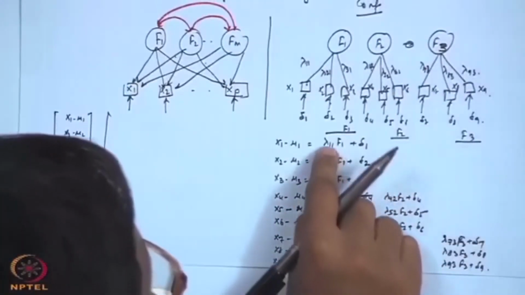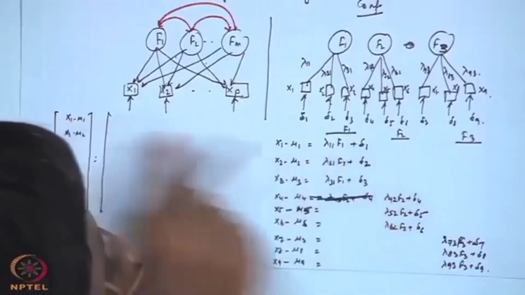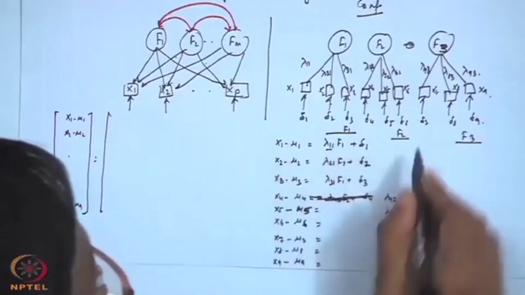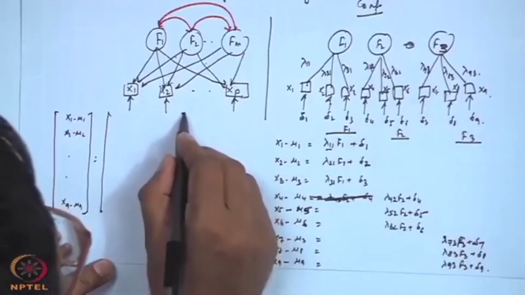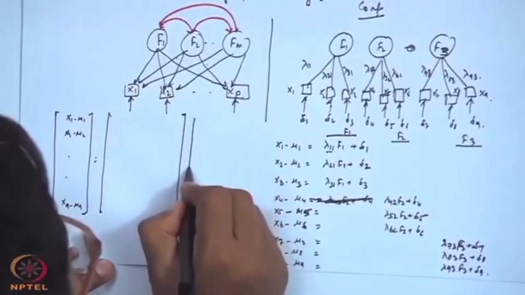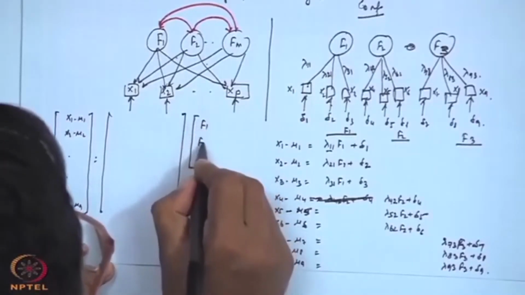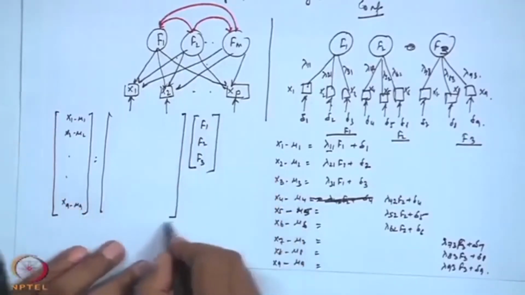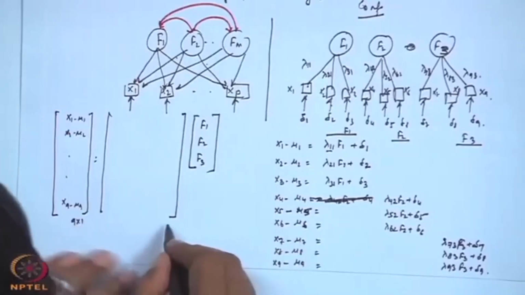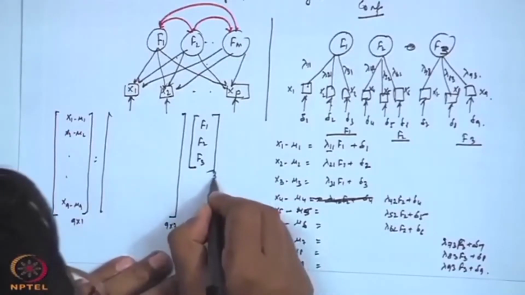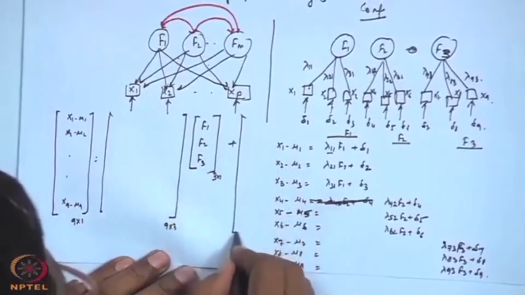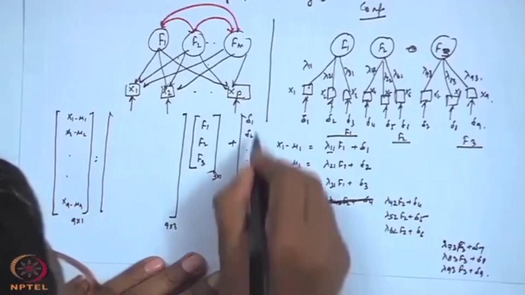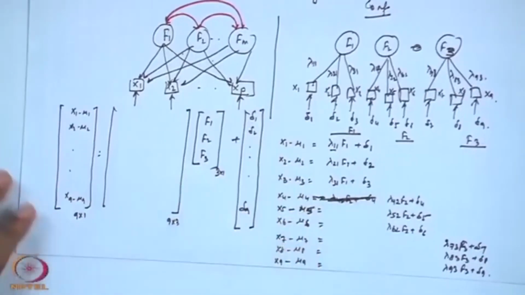So for x1 minus mu 1 you are getting f1, so that means this is lambda times f1, f2, f3. This one is 9 cross 1, this will be 9 cross 3 and 3 cross 1, plus delta 1, delta 2, up to delta 9. And this is the case.